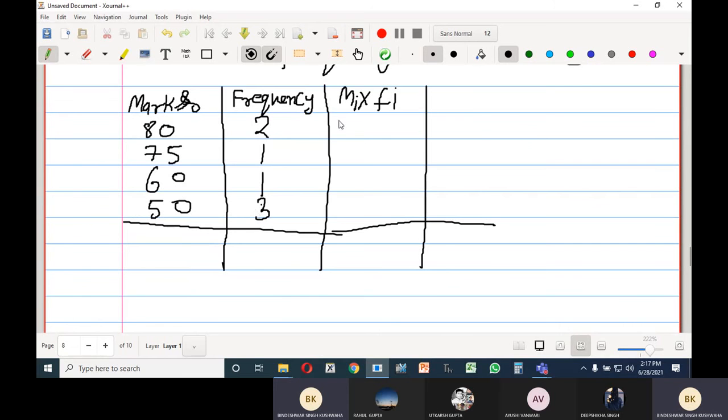So 160, thereafter 75, thereafter 60, and thereafter 150. So the total is 520. So total n is equal to 520.